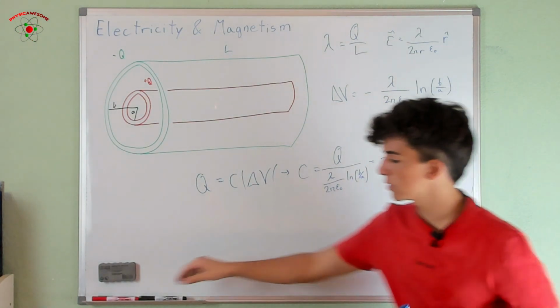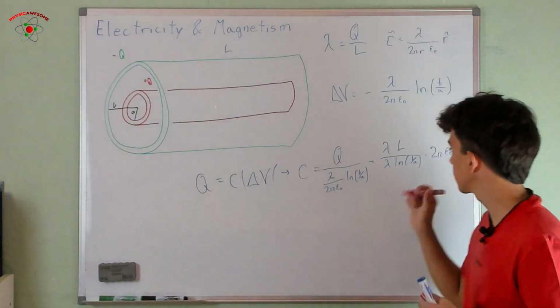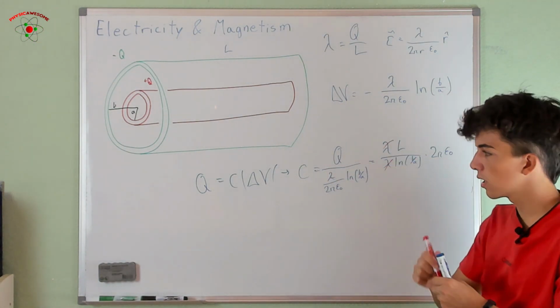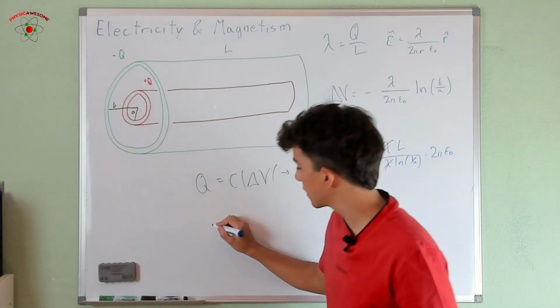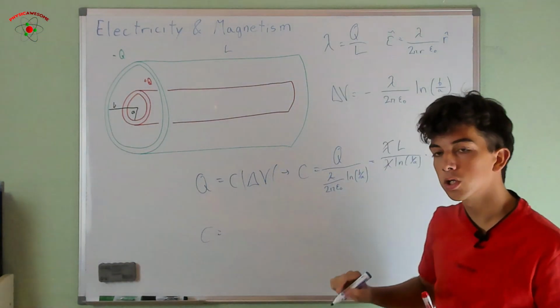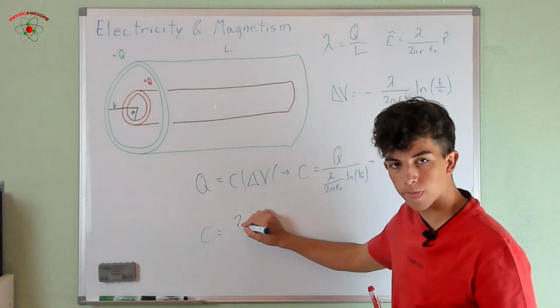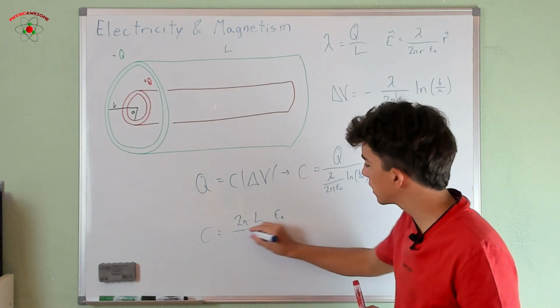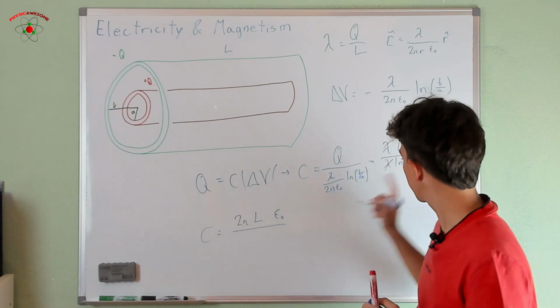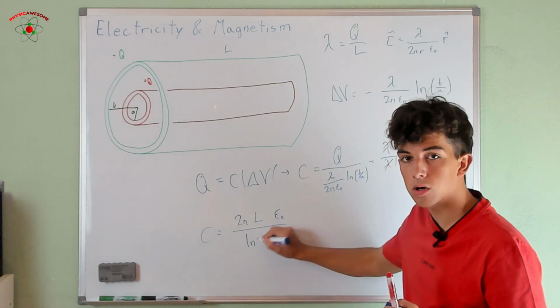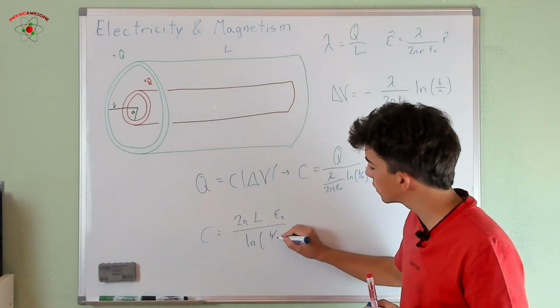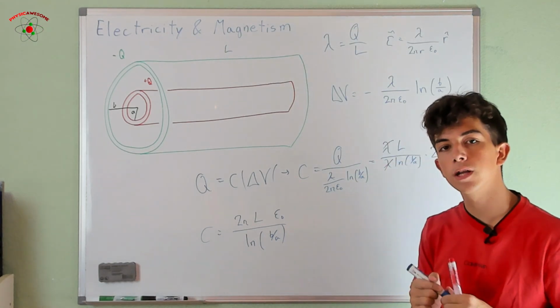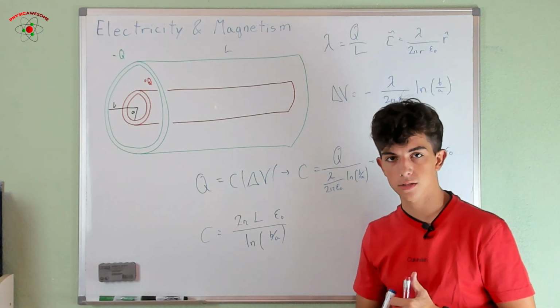Now we can cancel some of this, the lambda with the lambda, and we end up getting that the capacitance equals 2 pi L times epsilon naught divided by the logarithm we have over here, the logarithm of the ratio of the radii of each of the different shells.